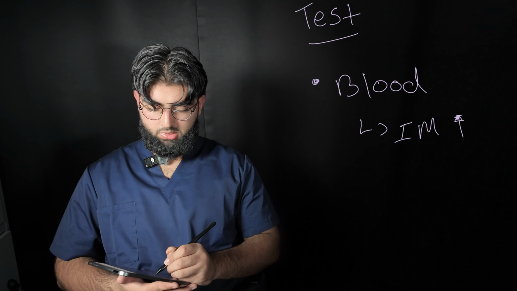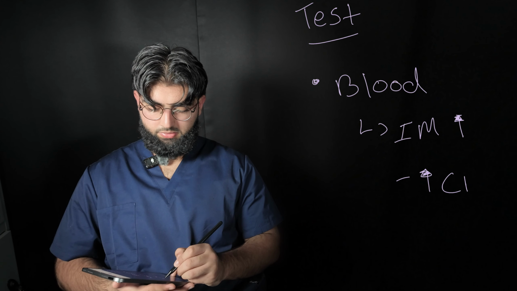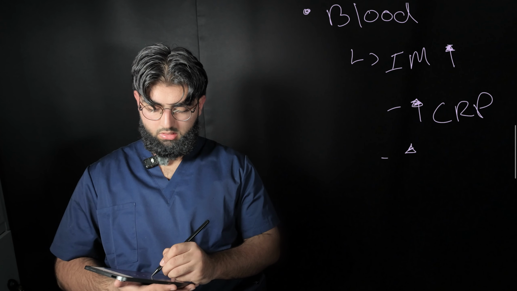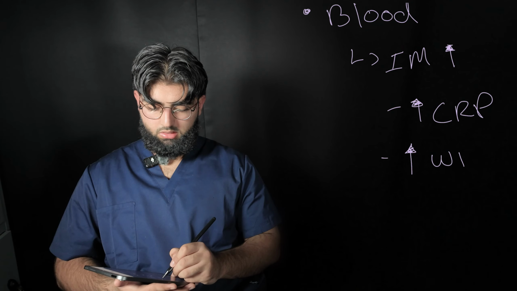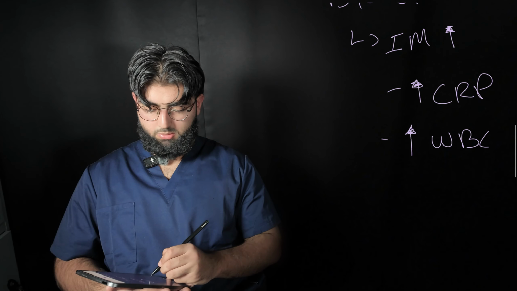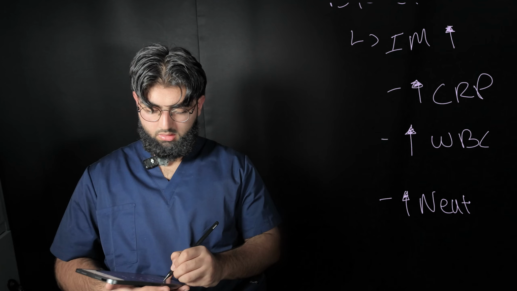So what sort of inflammatory markers? So they may be a raised CRP, right? And also a raised white blood cell count, so a leukocytosis, right? So raised white blood cell count, specifically raised neutrophilia, right?